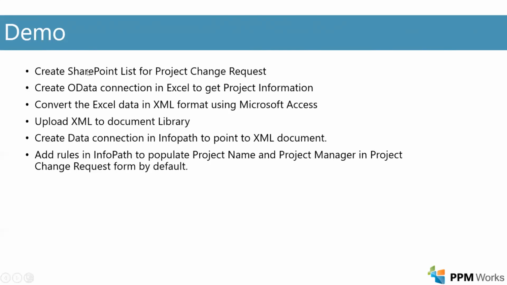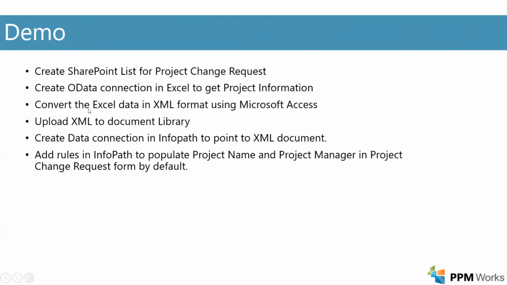So basically, to get that information about project name and project manager name, we need to create an OData connection in Excel. However, we cannot use Excel or OData directly in Infopath. However, we can use XML in Infopath. That's why we need to convert the Excel data connection into XML format using Microsoft Access.